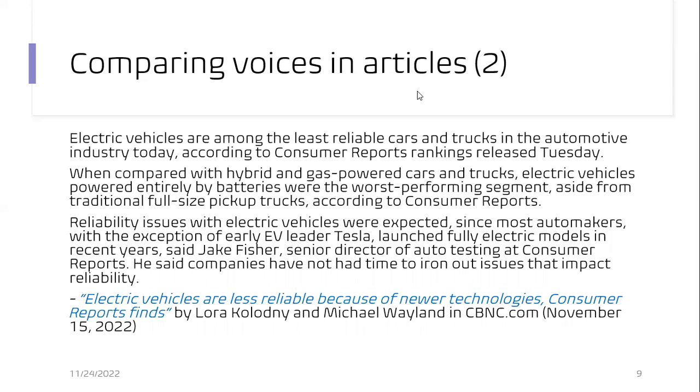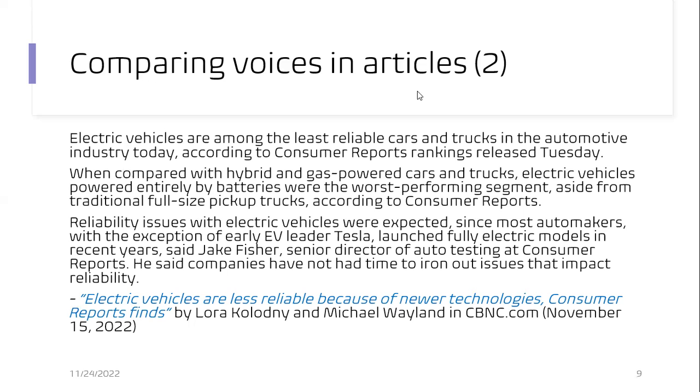So it reads: Electric vehicles are among the least reliable cars and trucks in the automotive industry today, according to Consumer Reports rankings released Tuesday. When compared with hybrid and gas-powered cars and trucks, electric vehicles powered by batteries were the worst performing segment aside from traditional full-size pickup trucks, according to Consumer Reports.